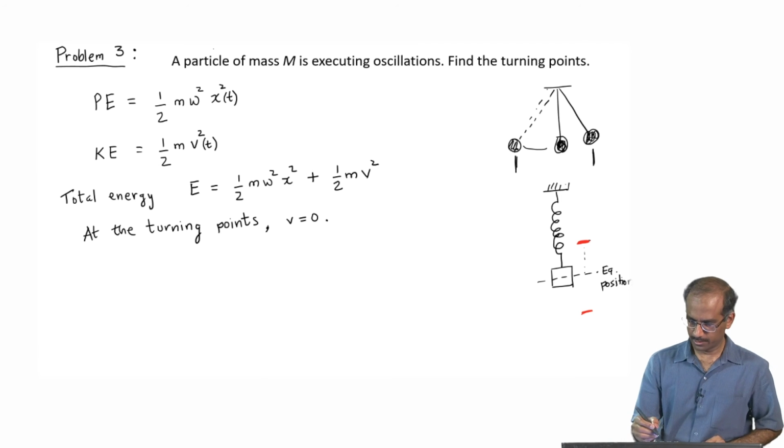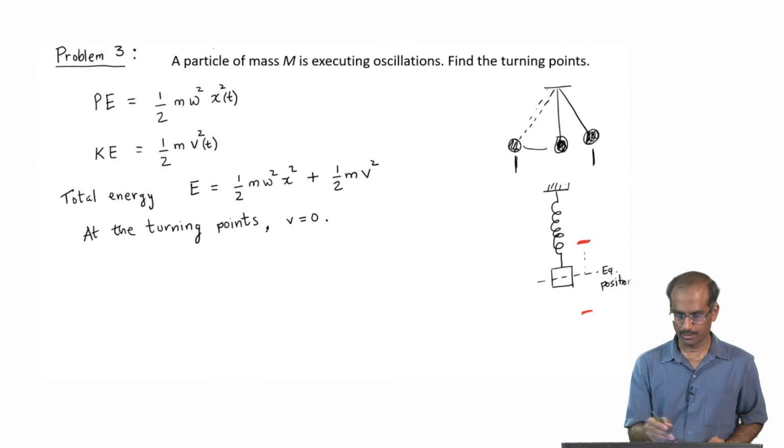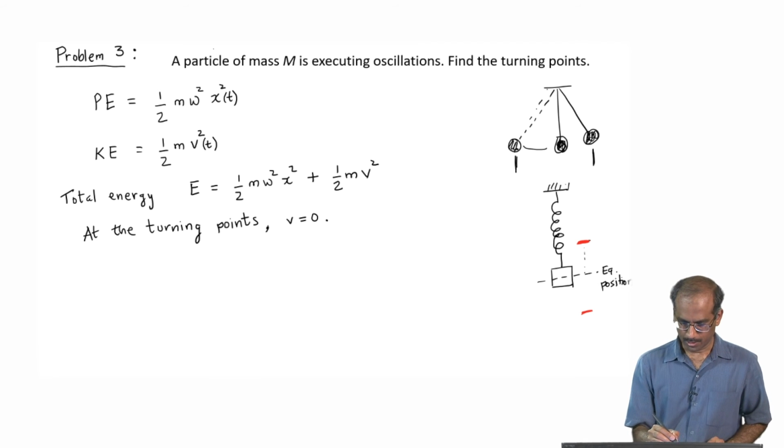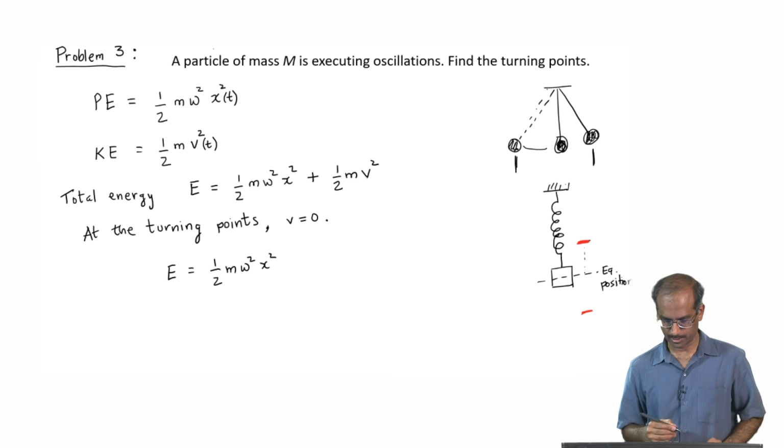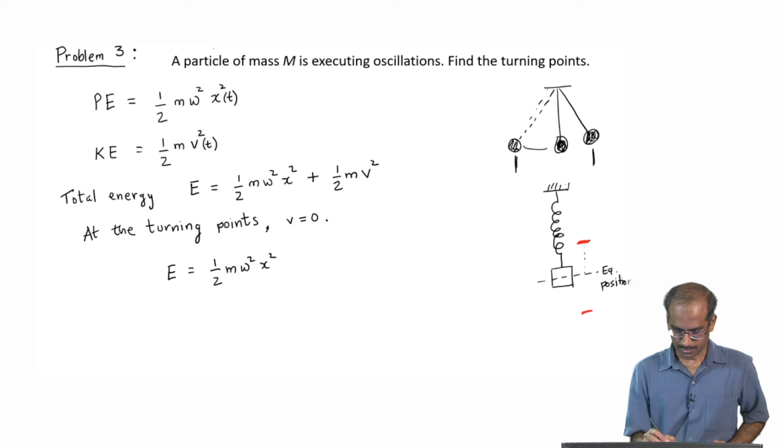If I put in that velocity is 0 in the equation for energy that I had written above, I will get E equal to half m omega square x square, and since v is 0 that term does not come here, and now I need to find the value of x. So, x square is equal to 2 E divided by m omega square.